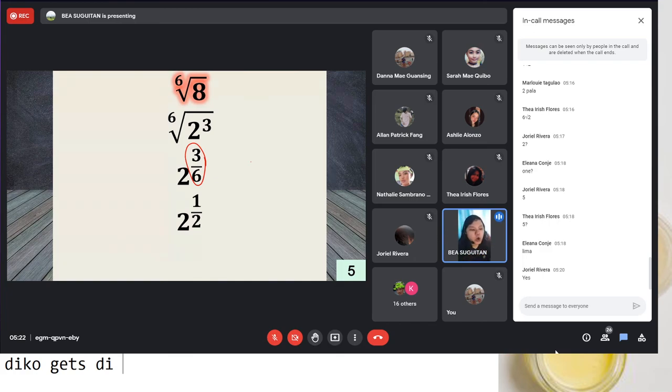If we are going to transform this, yung 2 raised to 1/2, into radical expression or radical form, what would be our answer? What is 2 raised to 1/2 if you are going to transform that into radical expressions?